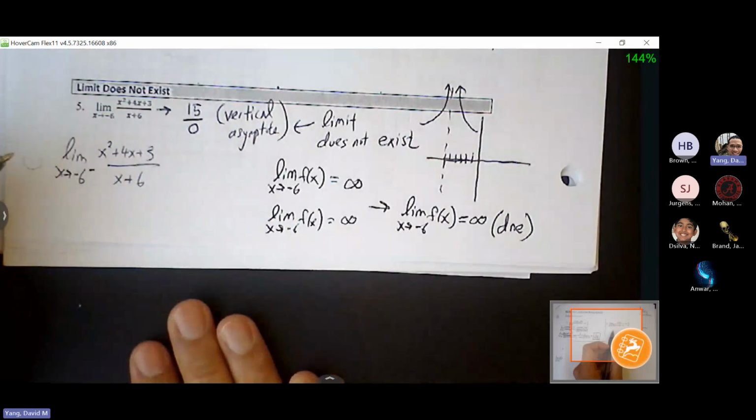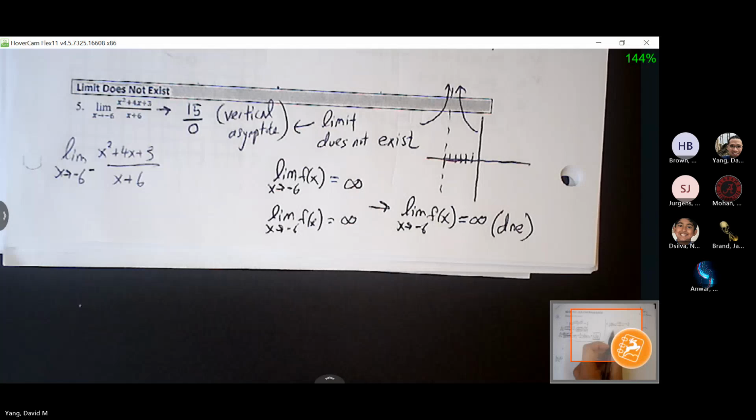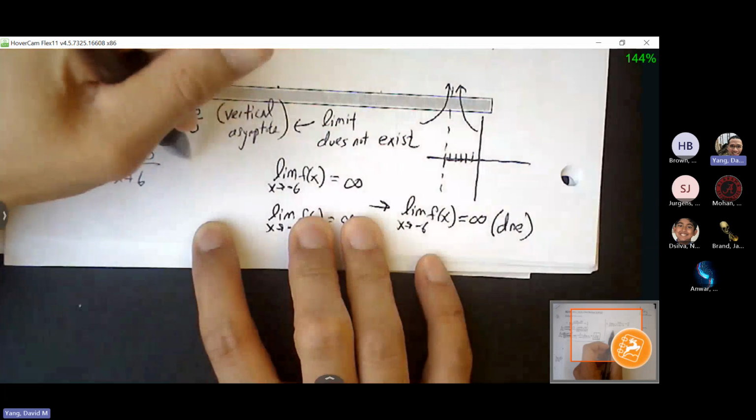How would the subcategory be infinity if... I don't know, because I was testing -6.1. Oh, right. If you get a negative, so there wouldn't be. 36. Yeah, so numerator will be positive.